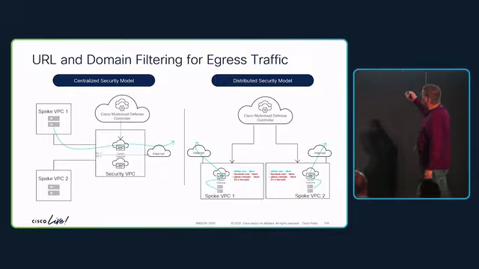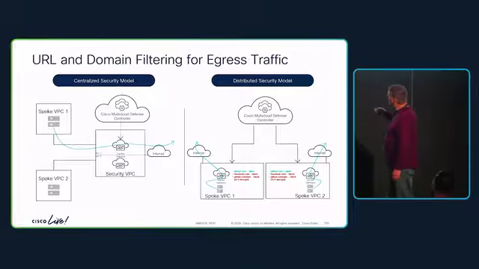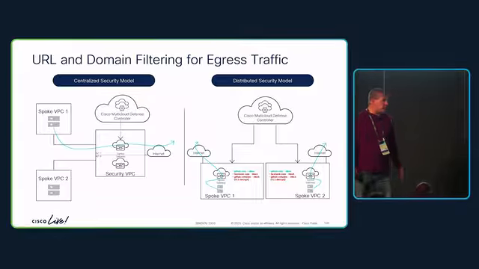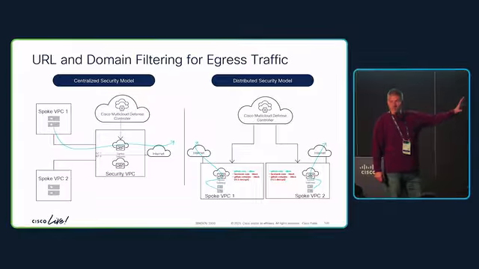In addition to that, they provide URL and domain filtering, and it can be done in both models. So you see the illustrations here, if that's a capability you need in the public cloud, and in many cases for public-facing public IP address deployments, that is in fact going to be a requirement.